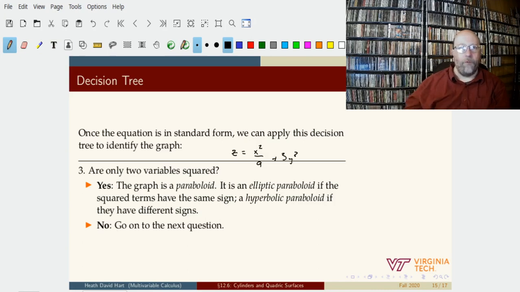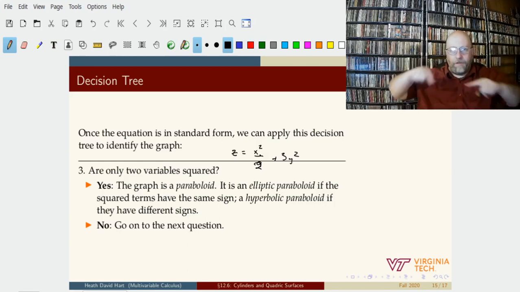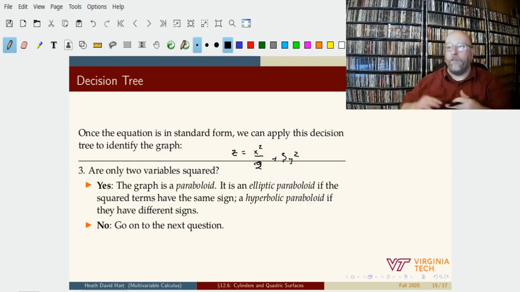This was the example we did earlier, something like that. That gave us, because the z was not squared, z equals x squared was a parabola that opens up in the z direction, and z equals y squared is a parabola that opens up in the z direction.